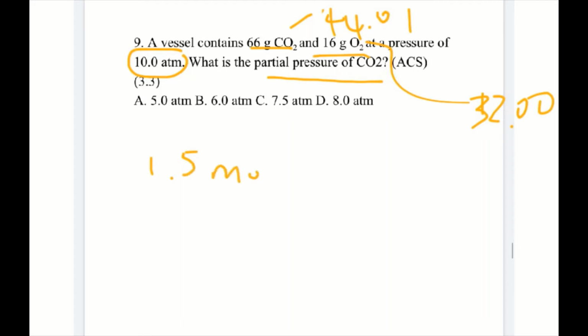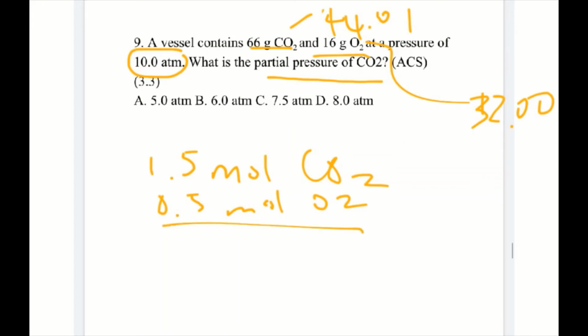CO2 has a molar mass of 44.01, and oxygen gas has a molar mass of 32.00. And doing the math, we can divide 66 by 44.01. We get 1.5 moles of CO2 about, and I think 0.5 moles of O2.